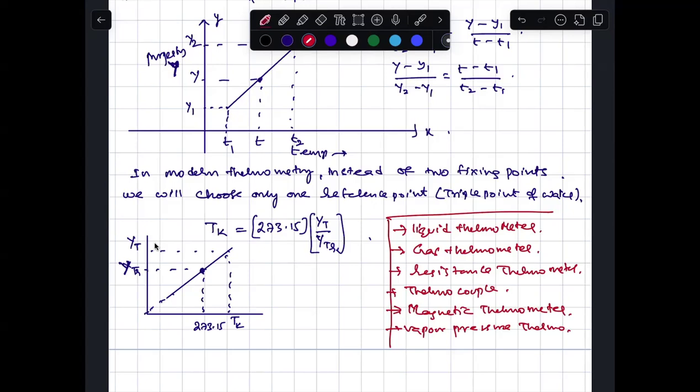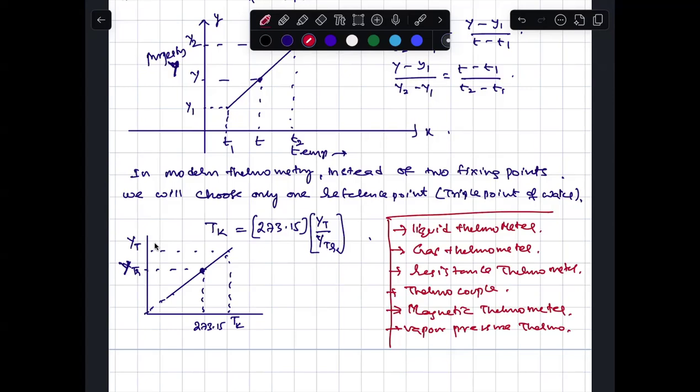Different in the sense you will make two junctions by the combination of two wires, for example iron and copper. One junction is maintained in cold ice, the other hot, whose temperature is to be measured. An EMF is generated.